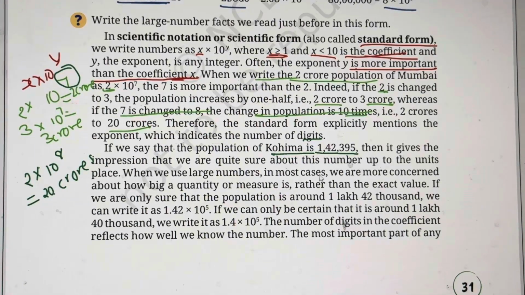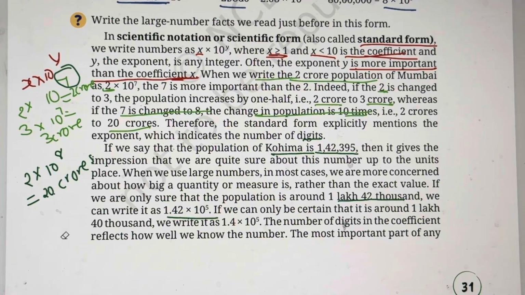Now, what will we do with such an exact value? We are only sure that the population is around 1,42,000. That's enough, right? So instead of writing such a huge number, you can write it as 1.42 into 10 raised to 5, which gives a fair enough idea about the population of Kohima, that it is around 1,40,000.